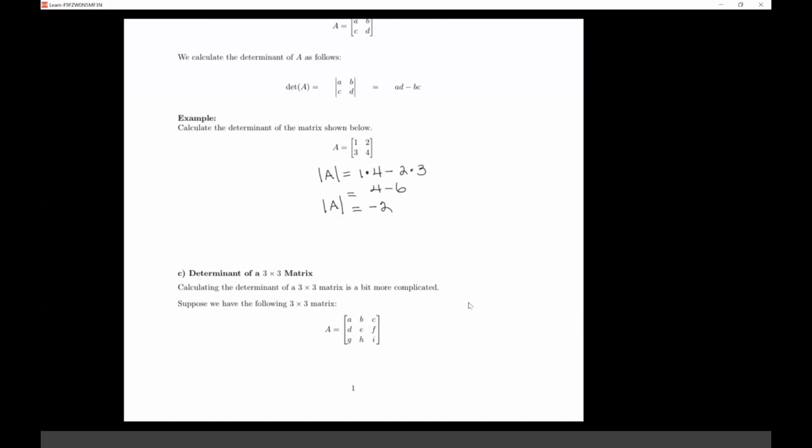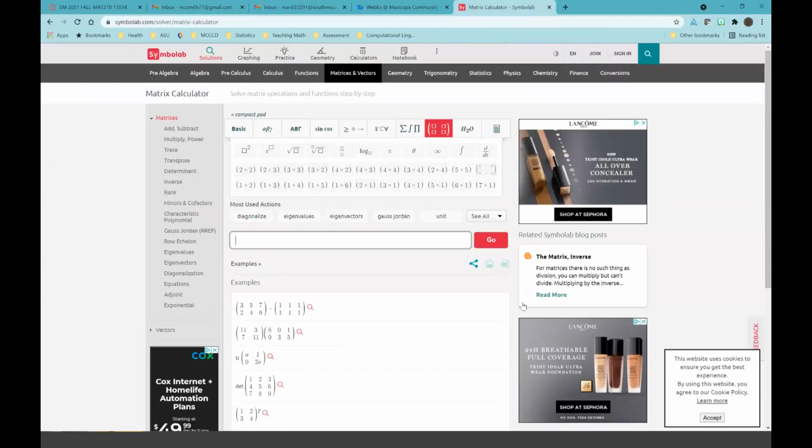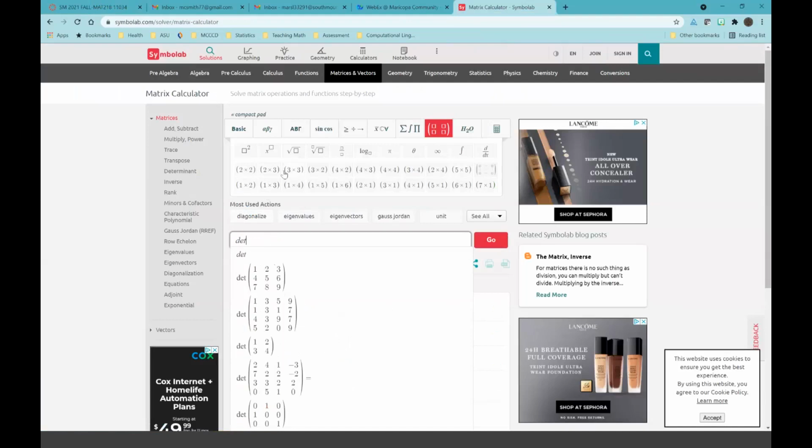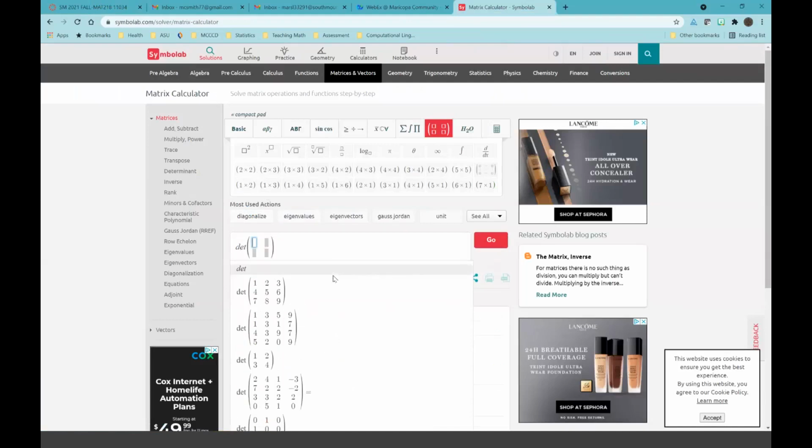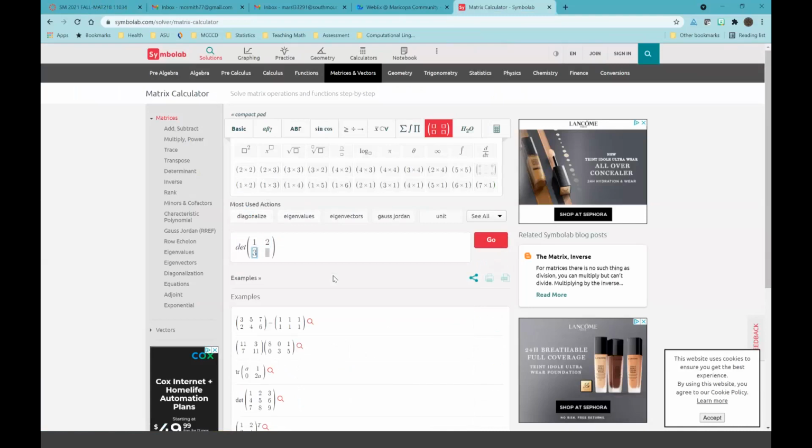Okay, so again, if you wanted to do it, you just multiply the left to right diagonal, and the right to left diagonal. And again, Symbolab has this built in. Let me briefly show you that. We got -2 doing it by hand. Here's my matrix calculator in Symbolab. I would just write the word DET for determinant, and then I have a 2 by 2 matrix, and I put my values in like that, and then just say go.